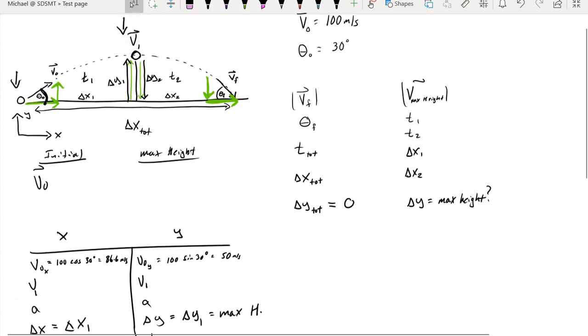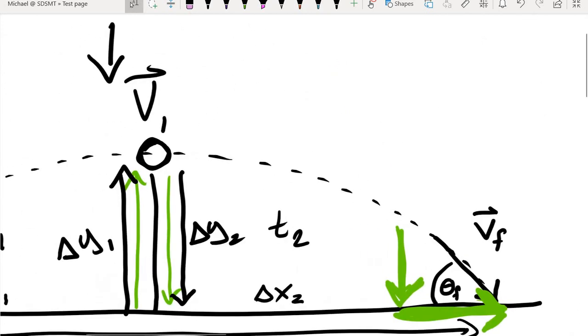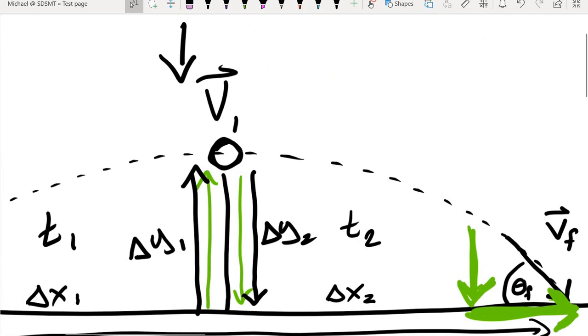Next, we have the components of V1. We're looking for the components of the velocity when the payload gets up to the maximum height. The reason we call that the maximum height is because it doesn't go any higher. That means that momentarily the ball will have a velocity of 0 in the y direction, and the only velocity component left will be in the x direction.